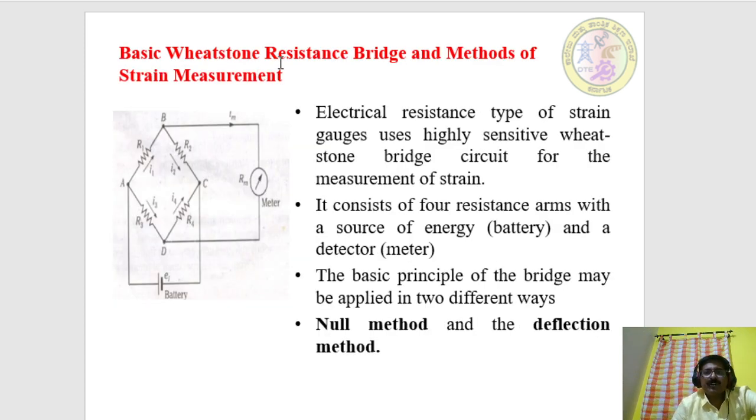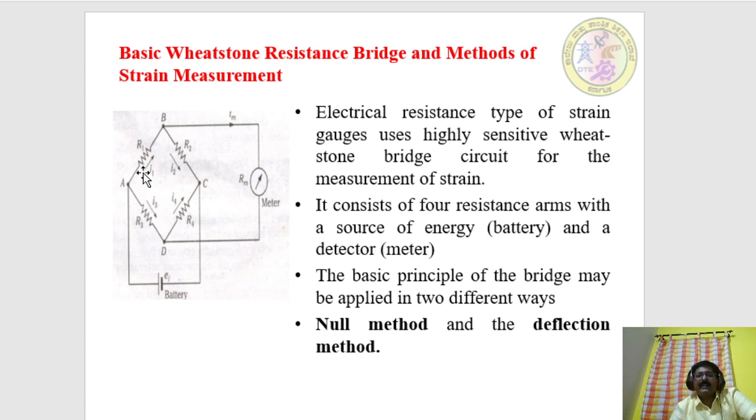Basic Wheatstone resistance bridge and method of strain measurement. So this is a Wheatstone bridge, which is composed of R1, R2, R3 and R4, four different resistances, which are highly sensitive for strain measurement.